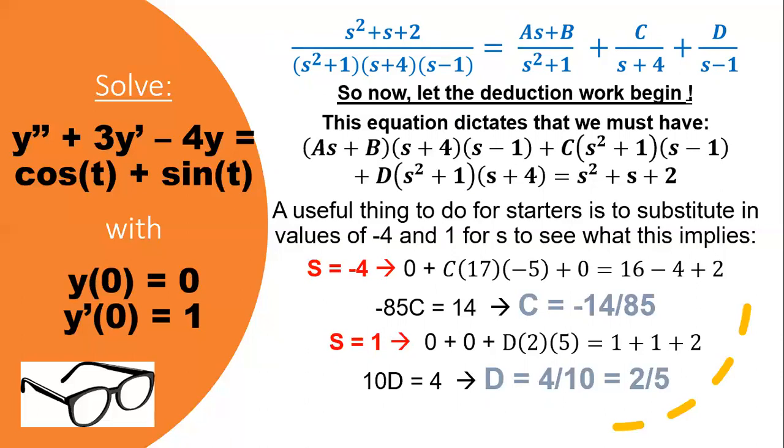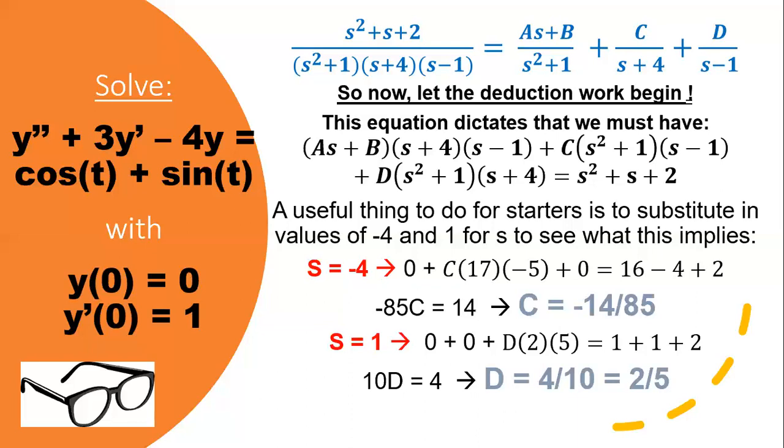Now, that equation has a variety of ways that we can approach it to find the constants a, b, c, and d. One approach that you may recall is to make strategic substitutions. Of course, the values s equal to minus 4 and s equal to 1 will make many of the terms on the left-hand side of that equation disappear.